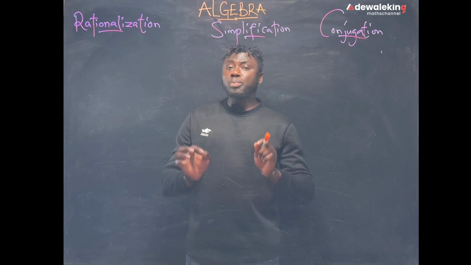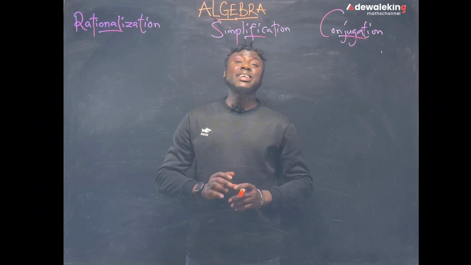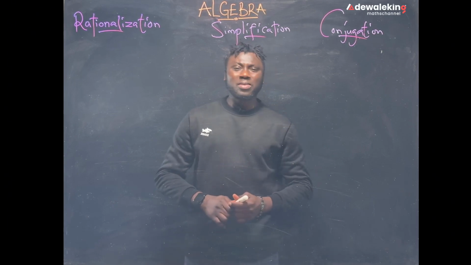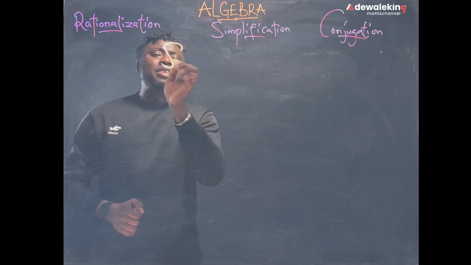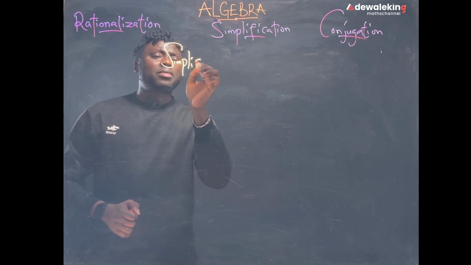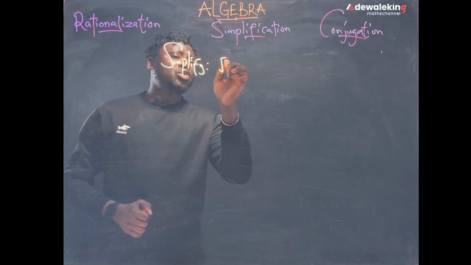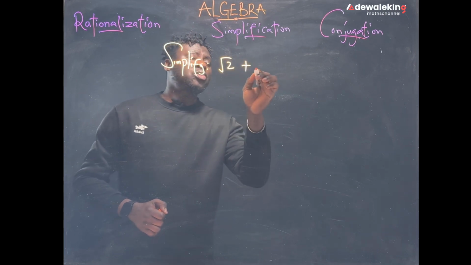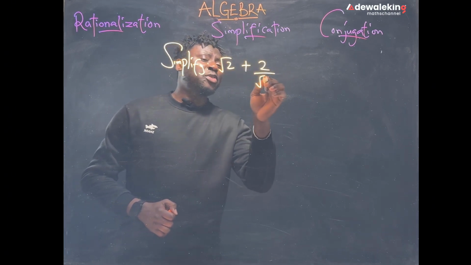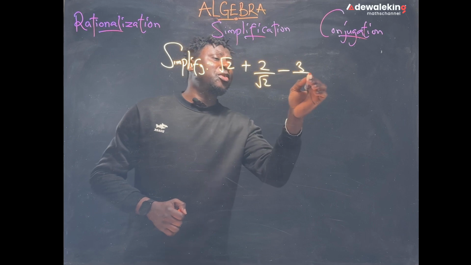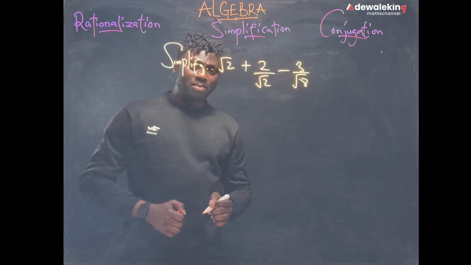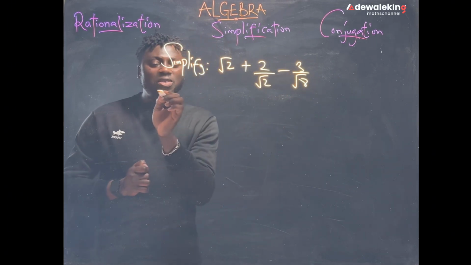Another way a surd problem can be presented is by simplification. For instance, if I say simplify root 2 plus 2 over root 2 minus 3 over root 8. To solve this, we say solution.